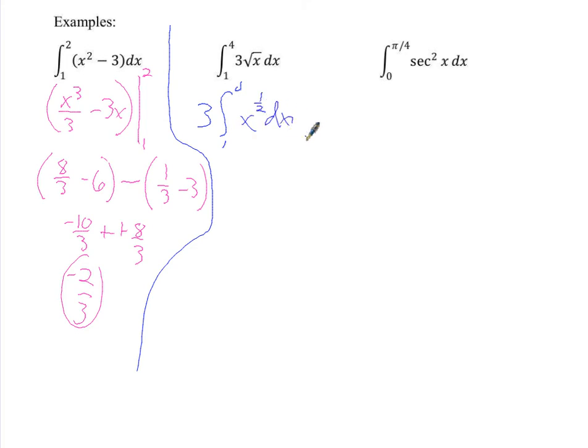Okay. Now we're going to have this 3 written out front. So we're going to integrate x to the 1/2, and we get x to the 3/2, which means that we have 2/3 x to the 3/2.